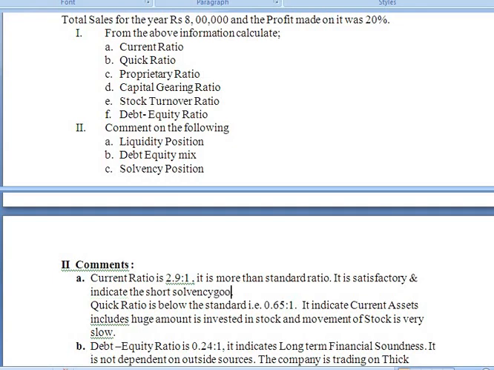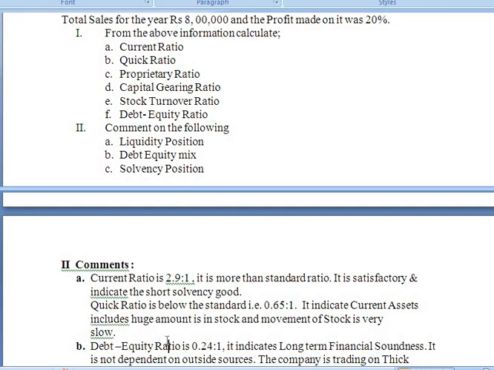Next, quick ratio is below the standard ratio. Standard ratio is 1:1. It indicates current assets include a huge amount in the form of stock, and movement of stock is very slow.